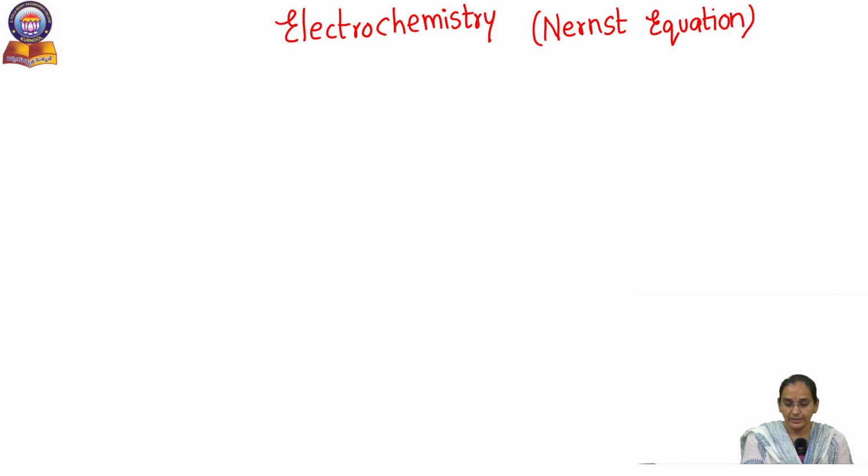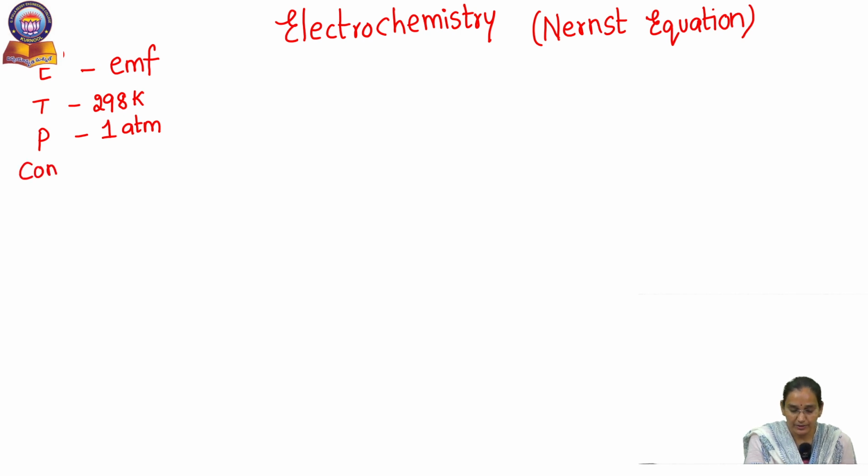Just consider E naught. This E naught represents the EMF of the cell at standard conditions. And what are the standard conditions? Temperature 298 Kelvin or 25 degrees centigrade, pressure 1 atmosphere, and concentration 1 molar.